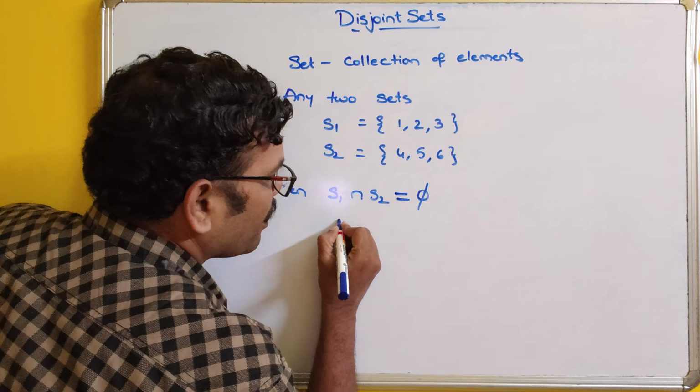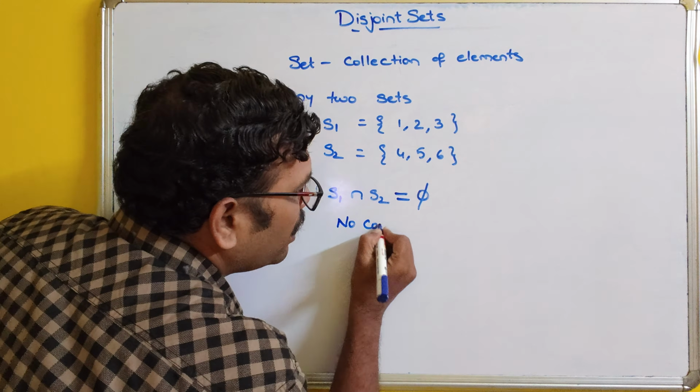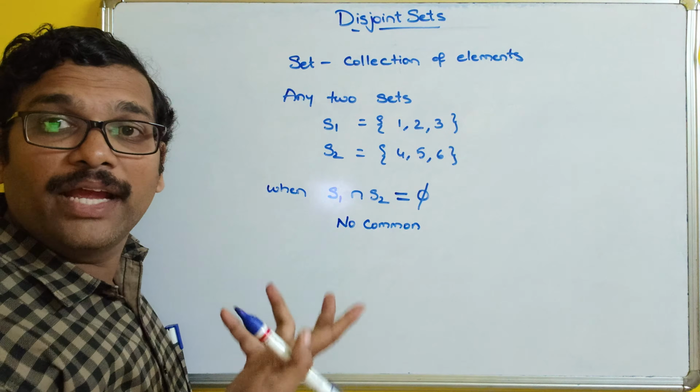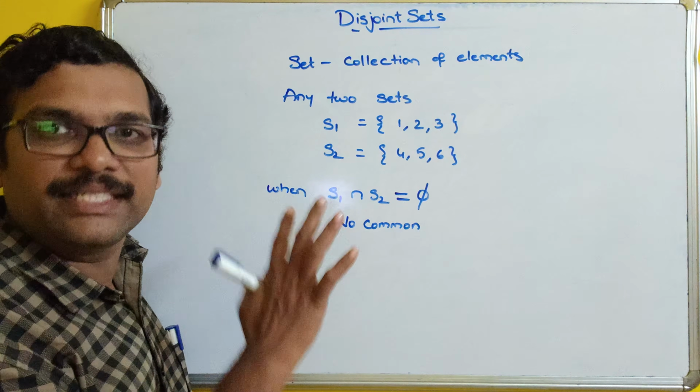That means no common element. The intersection means we need to get the common element in both the sets, right?